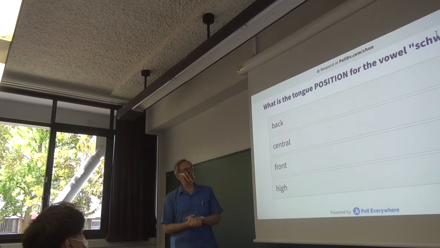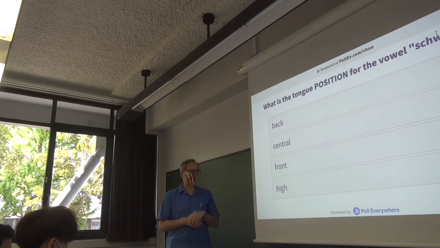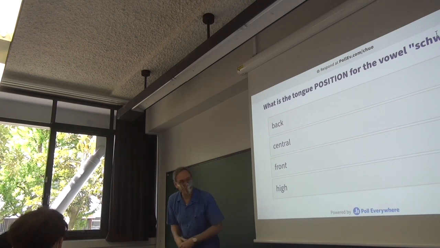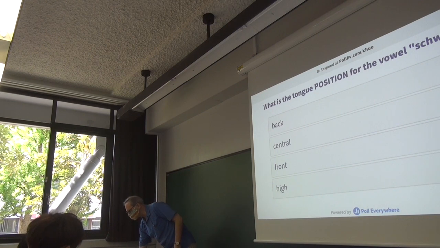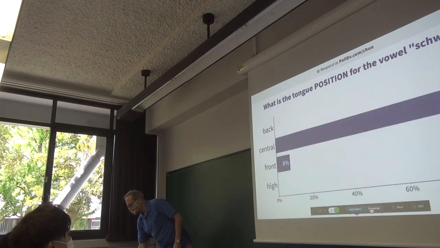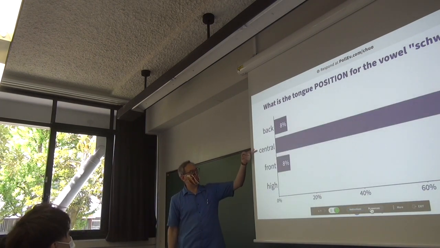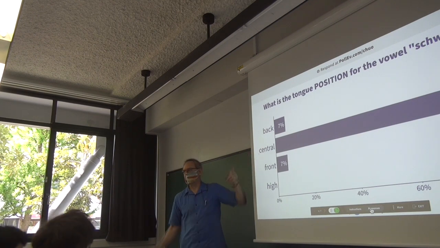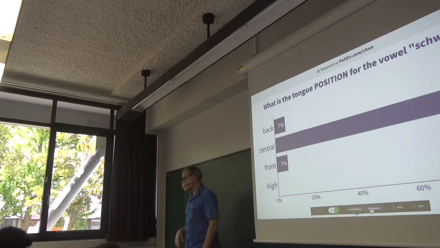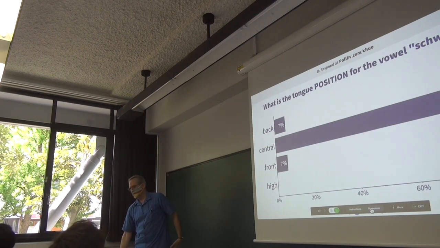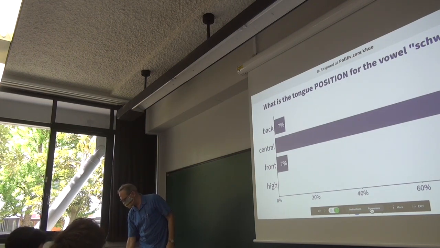So is the tongue position back, central, front, or high? The correct answer is central. It is not a front or a back, but a central vowel. It is a mid-central vowel, an unstressed mid-central vowel.